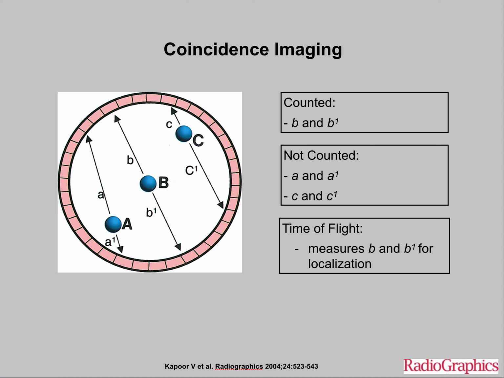So coincidence imaging significantly increases the speed and the accuracy of the exam, and also with time of flight technology we're able to calculate exactly where on that line the annihilation event occurred. Therefore, we can either acquire the images dramatically faster with the same dose or significantly decrease the dose for the pediatric population.